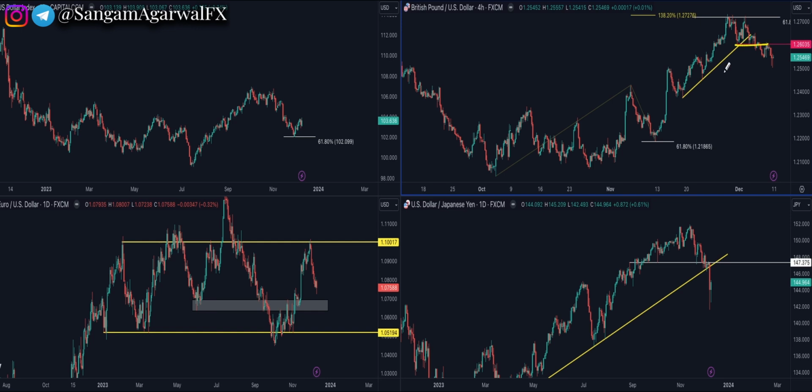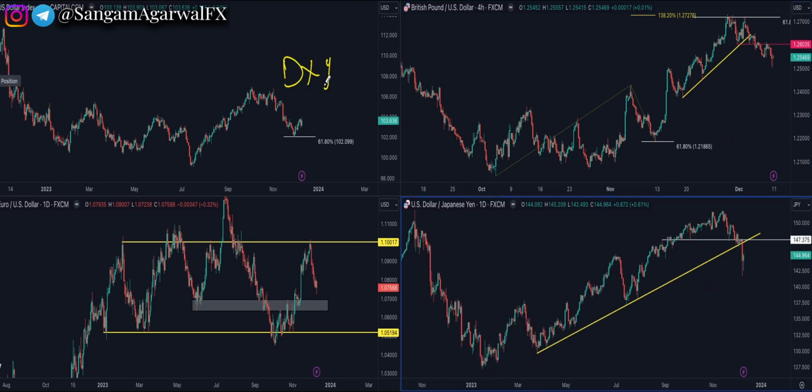So if the neckline retests again, that means 126 makes a counter trend correction, you can sell again this week. That is before the FOMC meeting. But how low GBPUSD will go after the FOMC meeting depends on the SEP.